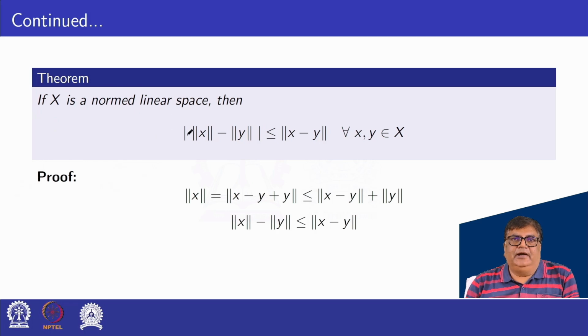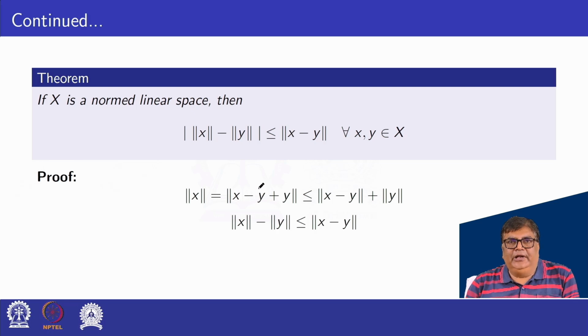Next theorem. If X is a normed linear space, then modulus of norm x minus norm y is less than or equal to norm x minus y for all x, y belonging to X. The proof is very simple. Norm x can be written as norm x minus y plus y, that is no change.